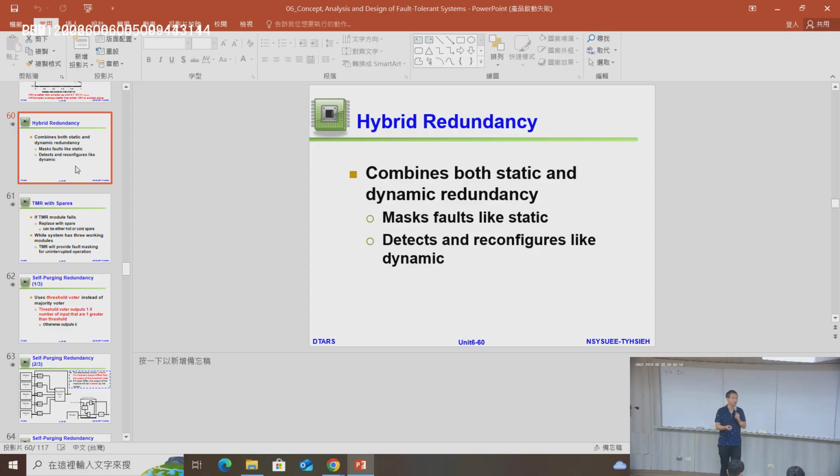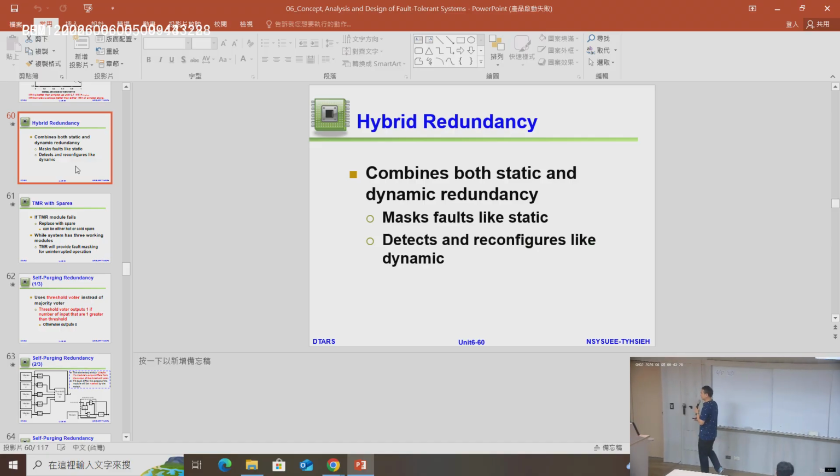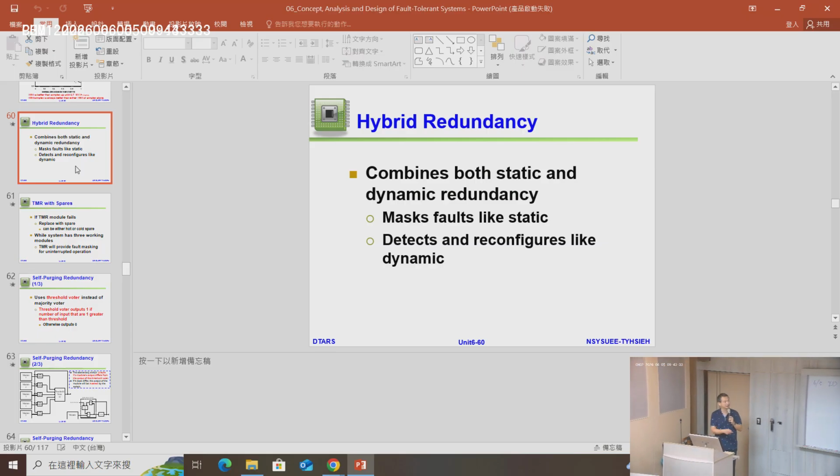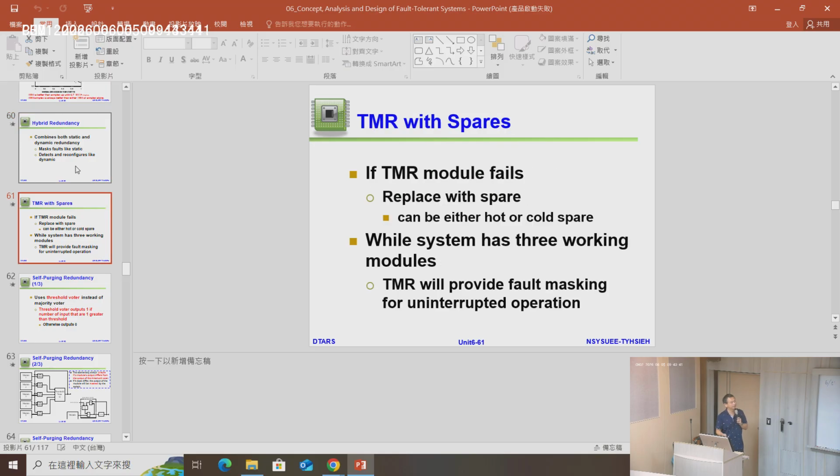Maybe we can use this way to further increase the reliability or even the maintainability of our system. But don't forget, we need to pay more cost. So maybe in the future you can think about whether we can reduce the cost. But for our course, your focus can be how this concept can be implemented by some examples.